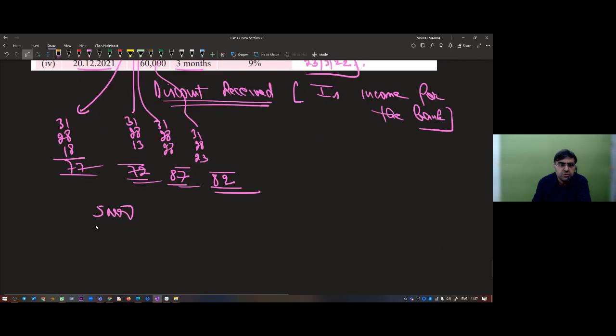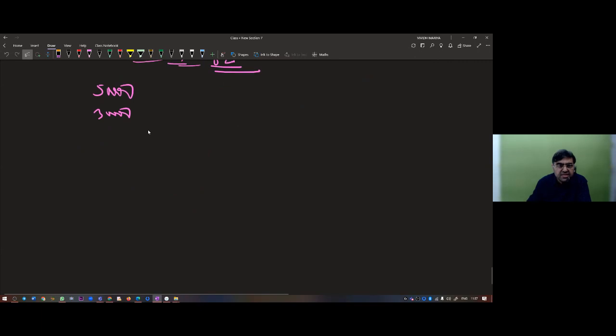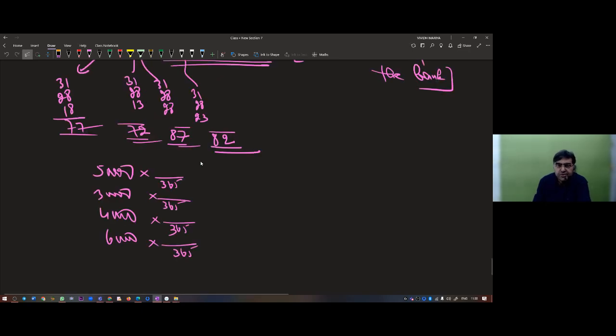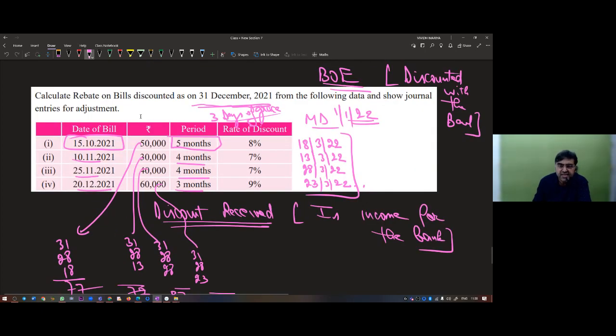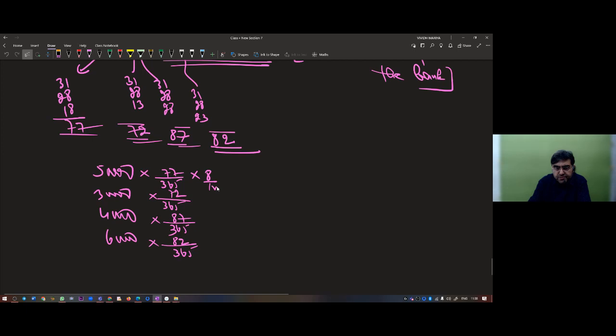The amounts are 50,000, 30,000, 40,000 and 60,000. There are 365 days a year. Interest is not earned for 77 days, 72 days, 87 days and 82 days, into how much rate of interest? 8% per annum, 7% per annum, 7% per annum, 9% per annum.